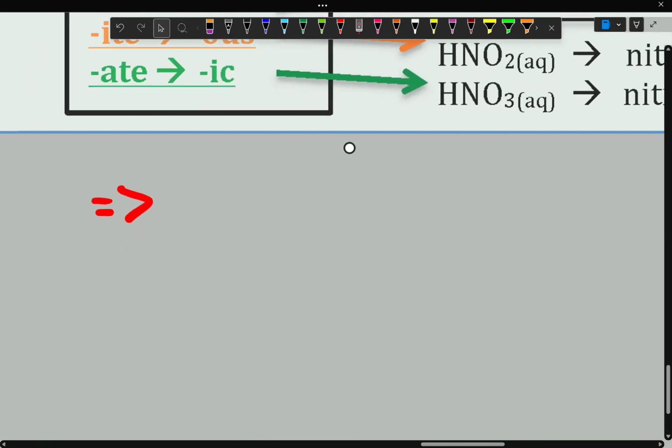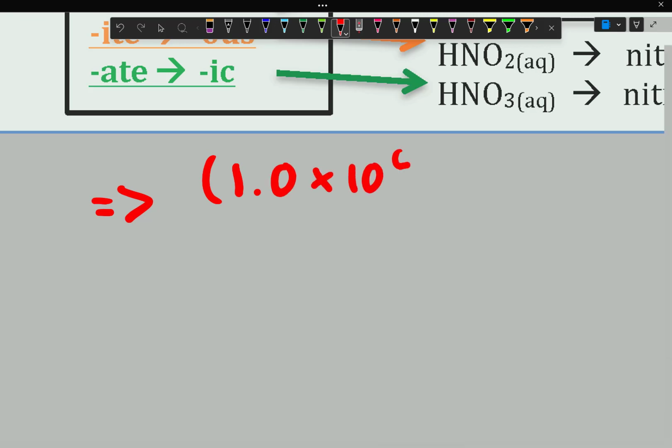So we write out 1.0 times 10 to the power of 6 carbon atoms.